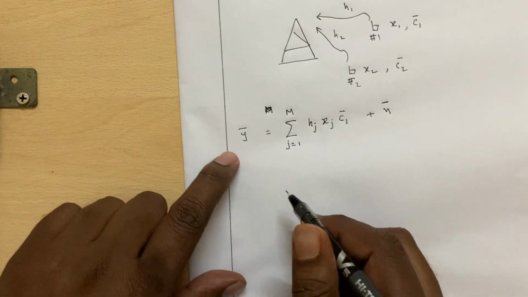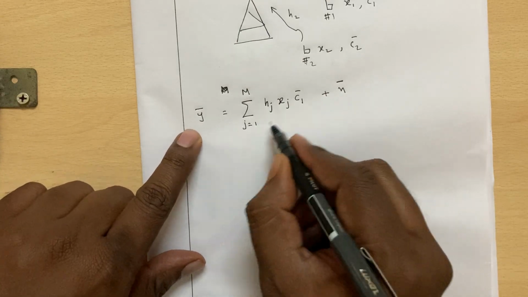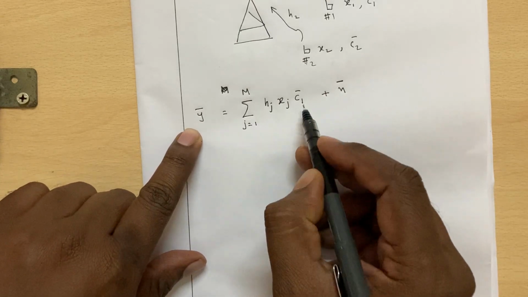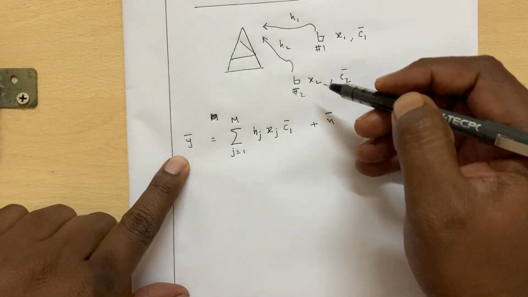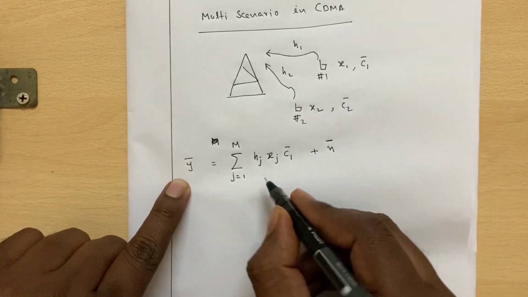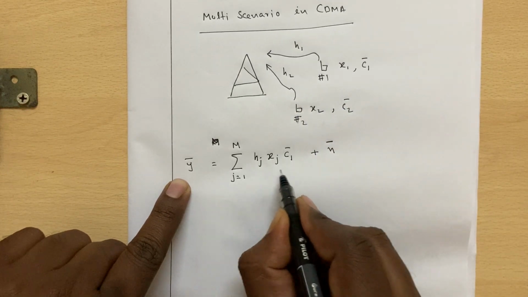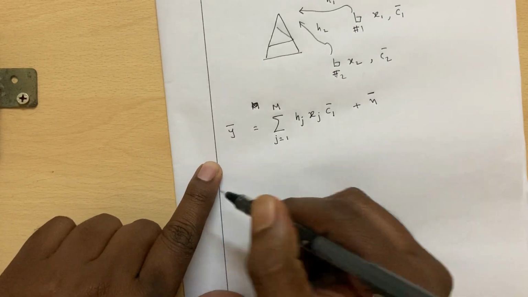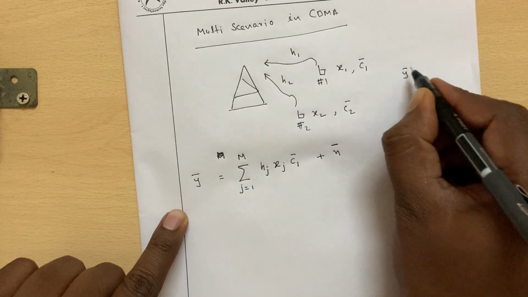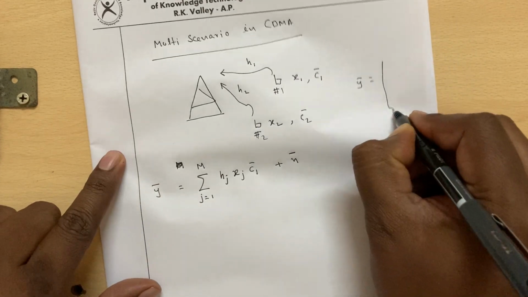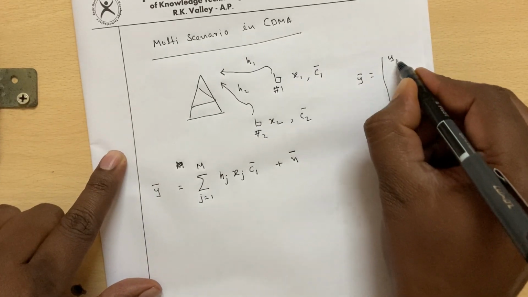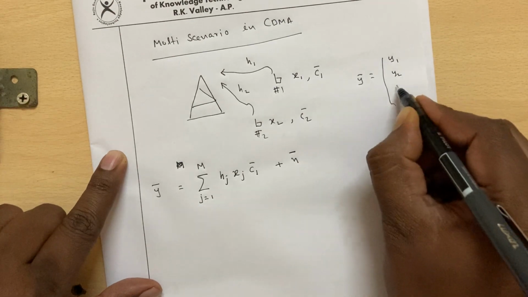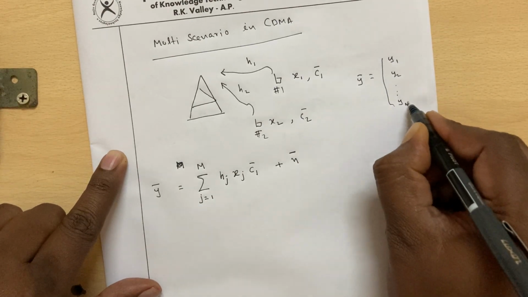The received n number of chips is a combination of all the transmitted symbols from the users, and individually they experience the channel coefficient as shown. This is the received vector y, which has n chips, y1, y2 up to yn.